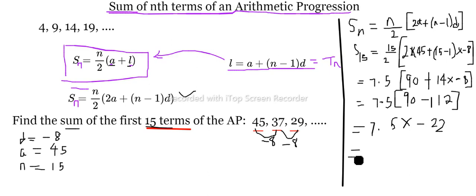When we do this, we have minus 165. So if we add up the first 15 terms, we are going to have minus 165 for this AP. I believe you understand. So that is the sum of n terms of an AP. Thank you.